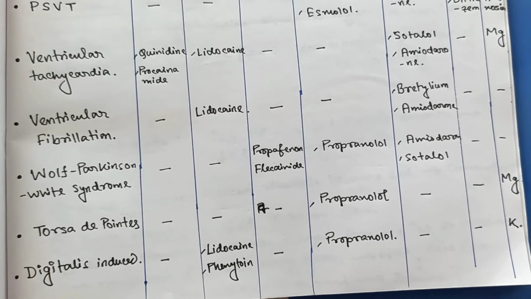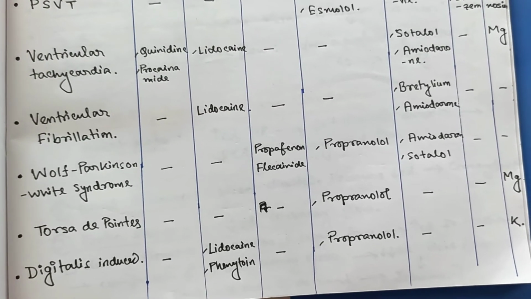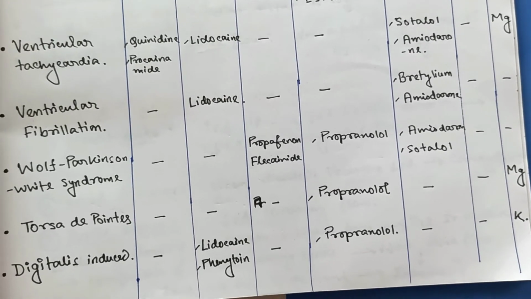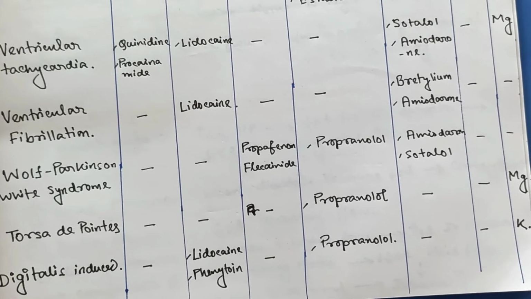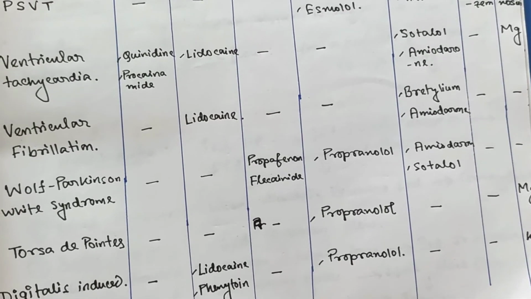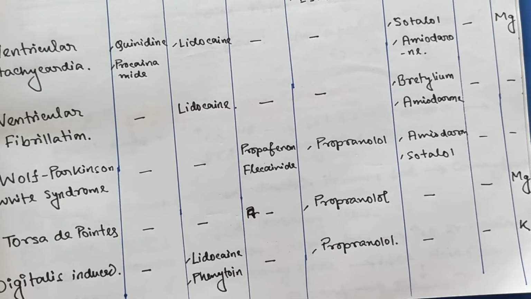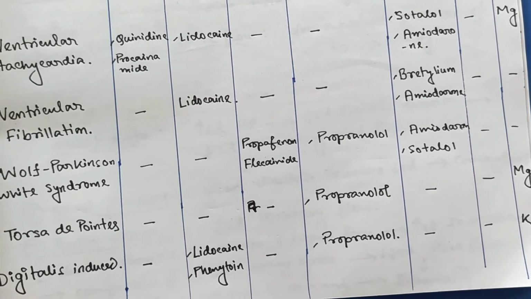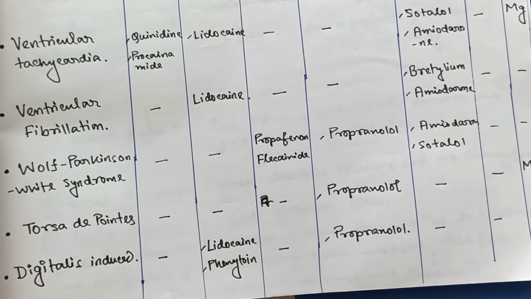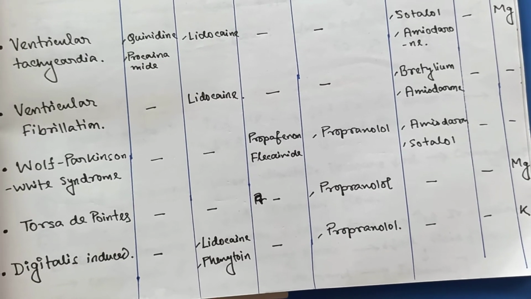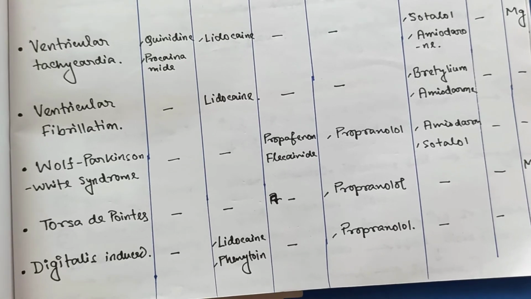With type 3 drugs, bretylium and amiodarone, which are mainly potassium blockers, are given. For WPW syndrome or Wolff-Parkinson-White syndrome, only type 1C drugs are used, which decrease the rate of rapid depolarization, like propafenone or flecainide. And type 2 like propranolol or type 3 amiodarone, sotalol are also prescribed.